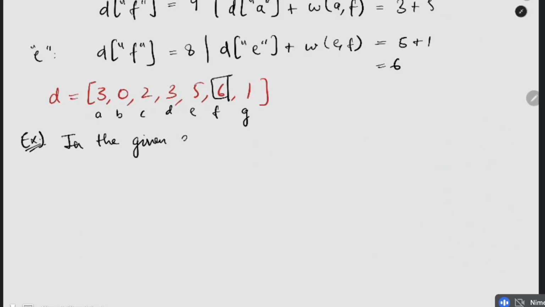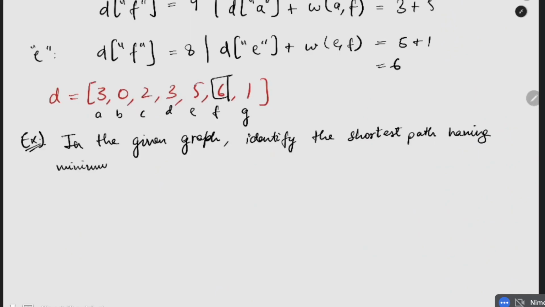So in the given graph, identify the shortest path having minimum cost to reach vertex E if A is the source vertex.